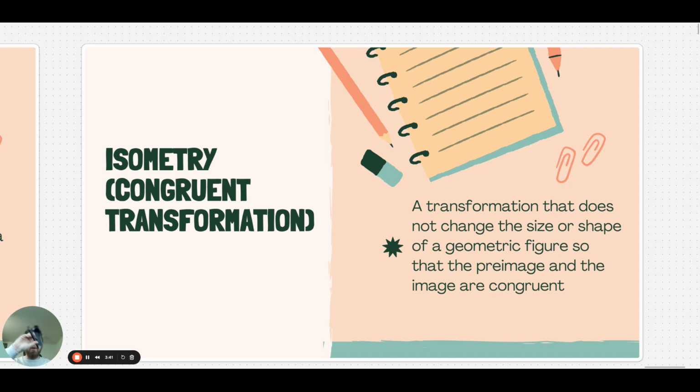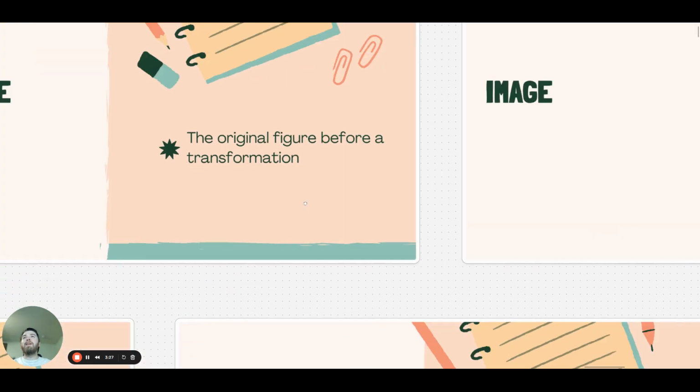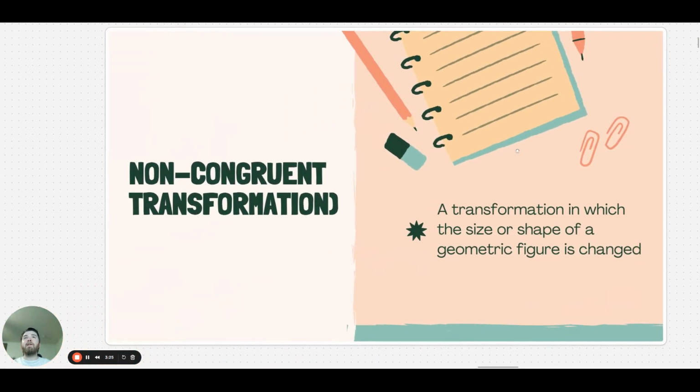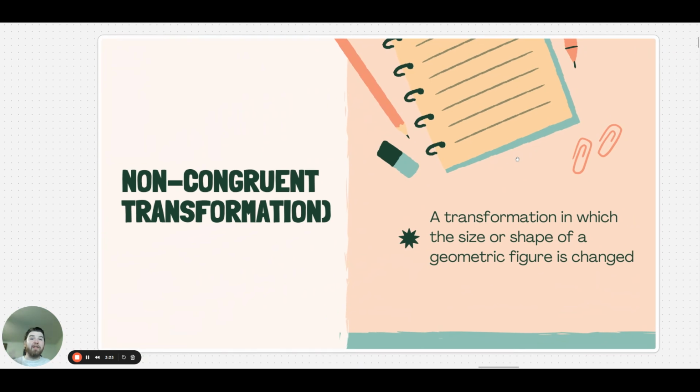I'm going to spin it, I'm going to flip it, I'm going to do something with it, but it's going to still stay a stapler. So pre-image and the image have to stay congruent. That's why we call it a congruent transformation. The other one is a non-congruent transformation. That's basically when you do something to make the pre-image and the image different sizes and shapes, so not congruent to each other.